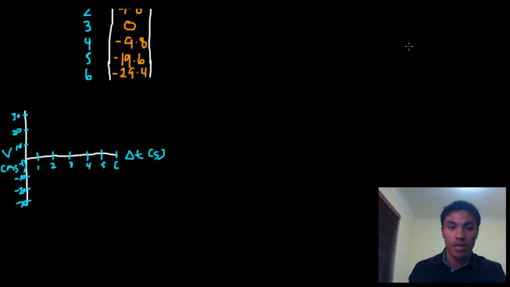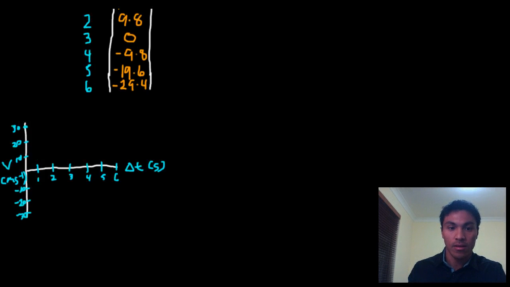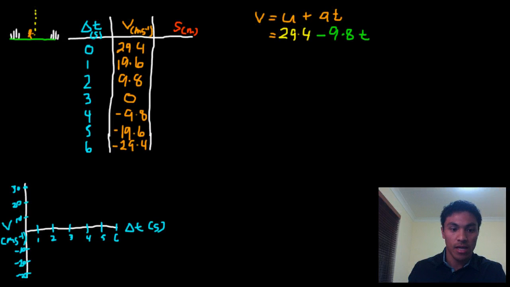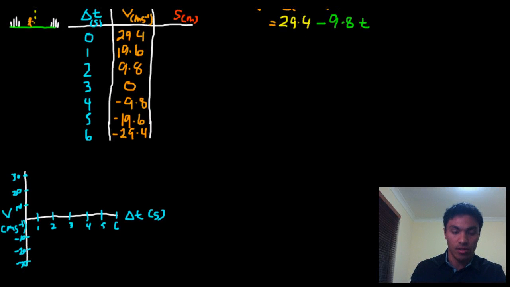Let's put the actual points in. Let's have a look at our table. At time equals 0, our velocity is about 29.4, so we're really up here. Time equals 1, it's about 19.6. Time equals 2, about 9.8.